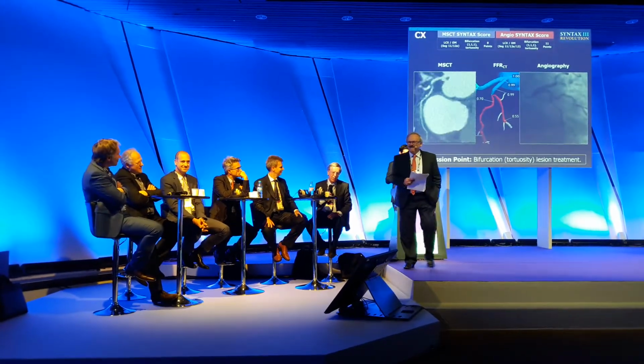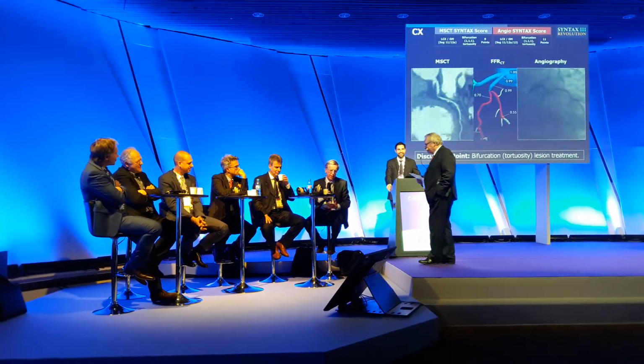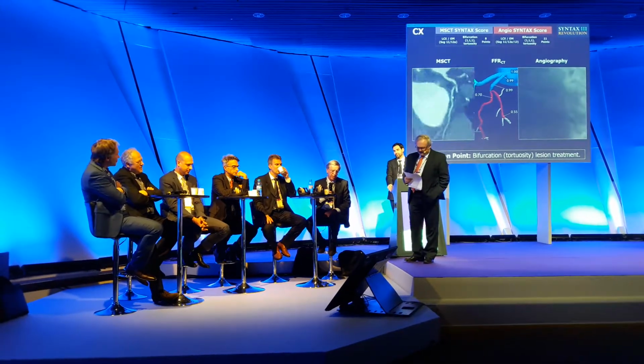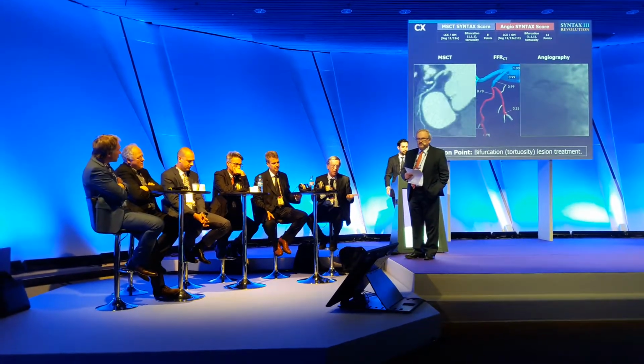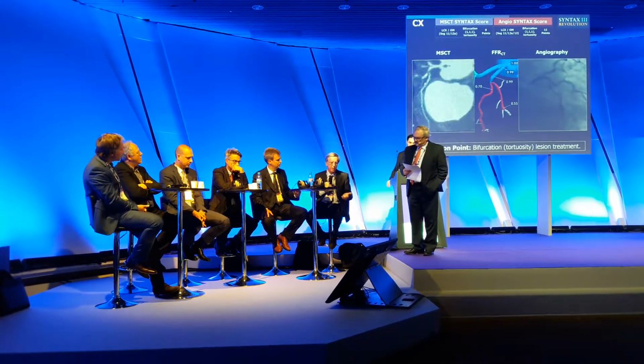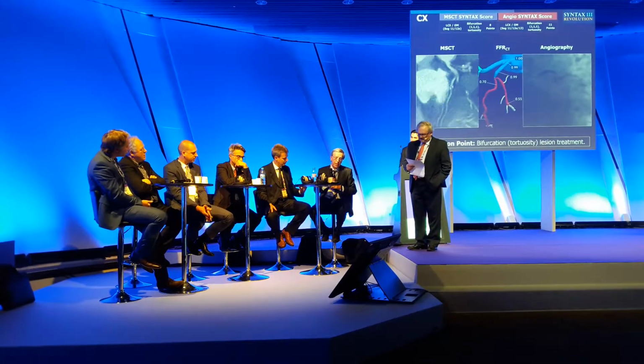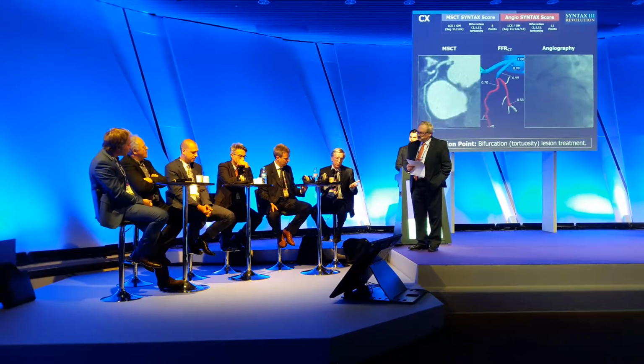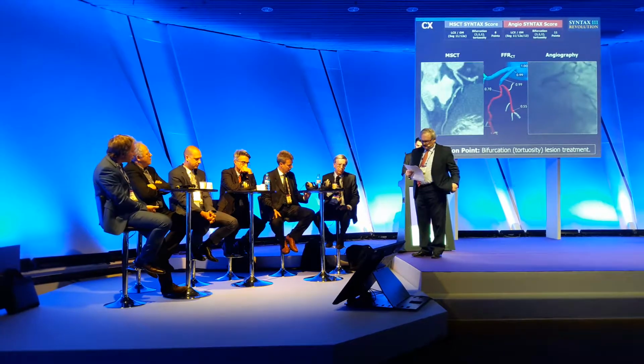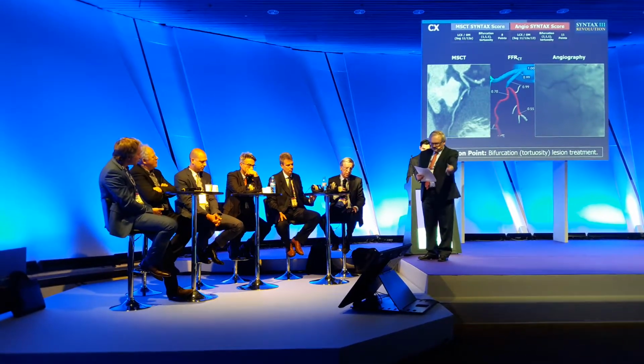Well, I agree with the position of my interventional colleague from Brussels. From the clinical point of view, it is a patient with diabetes, chronic kidney disease. He has a very low ejection fraction. We have equipoise, but we have a difficult lesion to treat, especially on the circumflex artery.